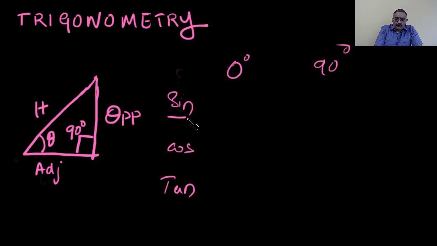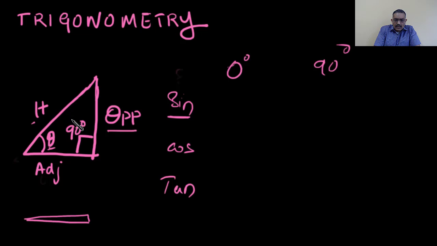So let's focus on this sine ratio, which happens to be opposite side by hypotenuse. Now what is interesting is this angle theta, if it were to come all the way down to 0, right before it becomes 0, the triangle would look like this.